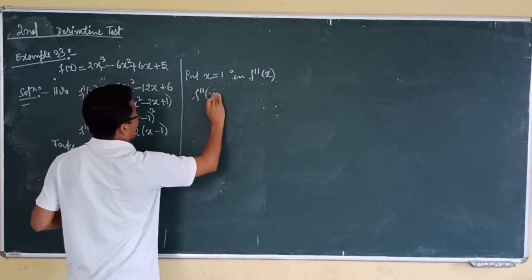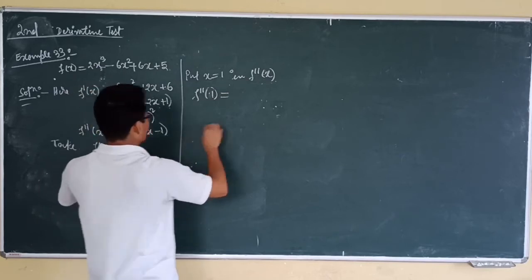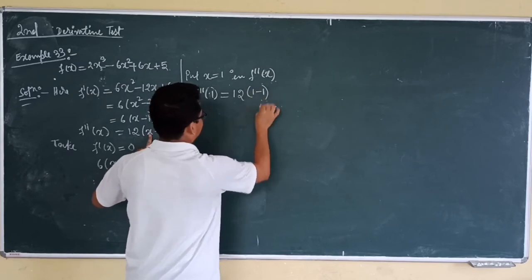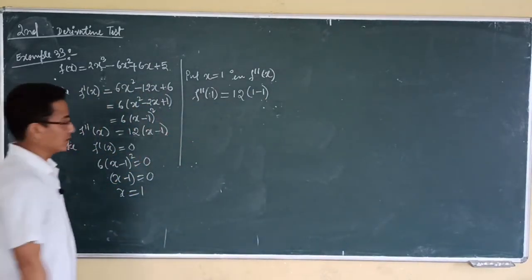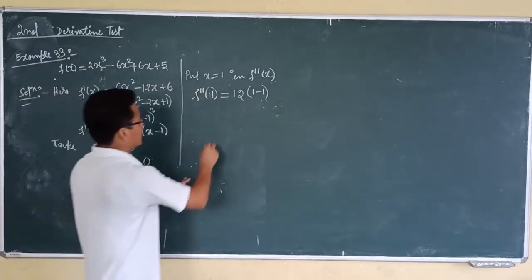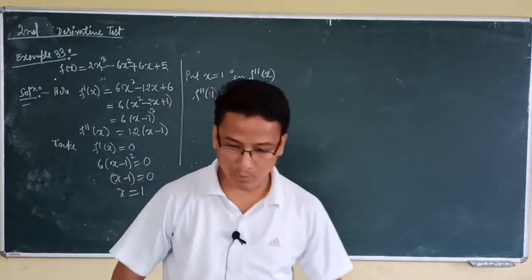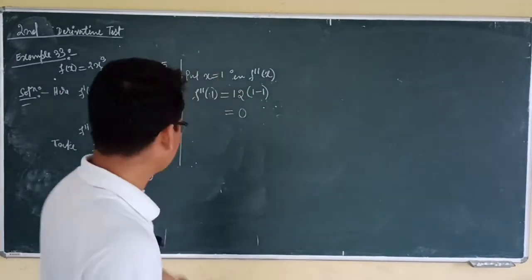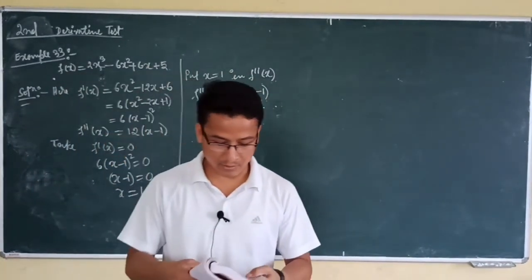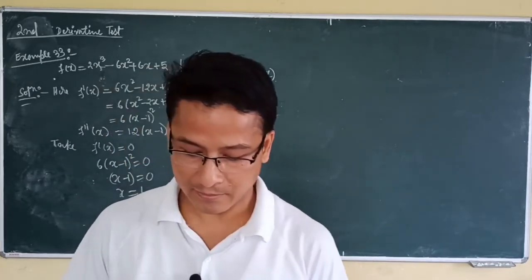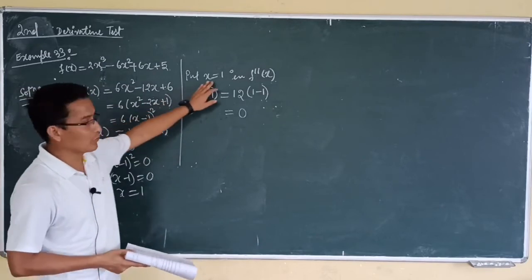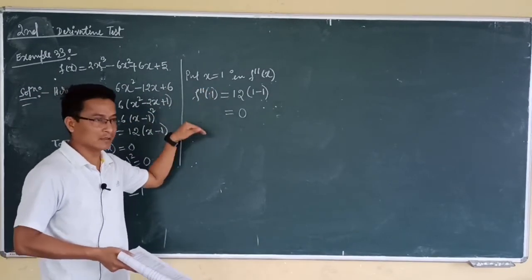F double dash 1 equal to 12 into 1 minus 1, which is equal to 0. So f double dash x is equal to 0. If you get f double dash x equal to 0, then the point 1 is neither maxima nor minima here.